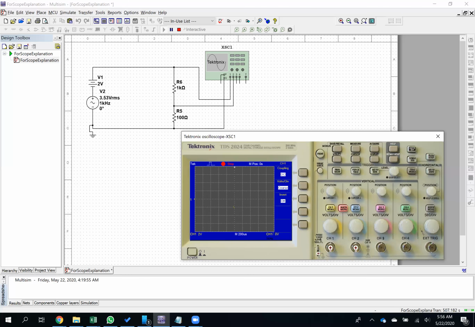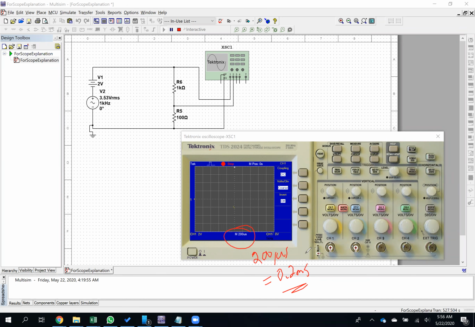There it is. Okay, so I'm not very good at turning that knob, but there we go. Obviously, there's some limitation to interacting with the screen and the pen that I have, and my coordination. But there we go. So this 200 microseconds is the same as 0.2 milliseconds.